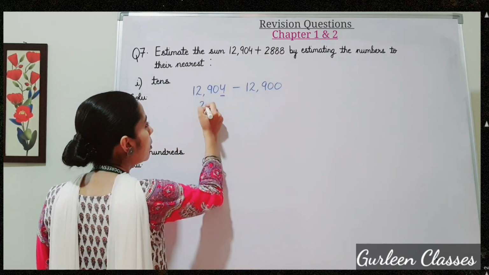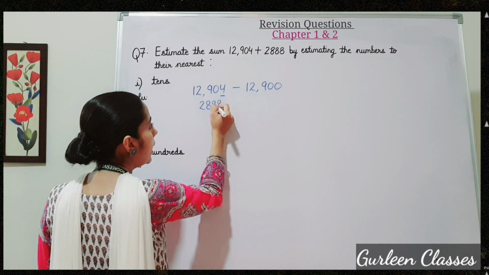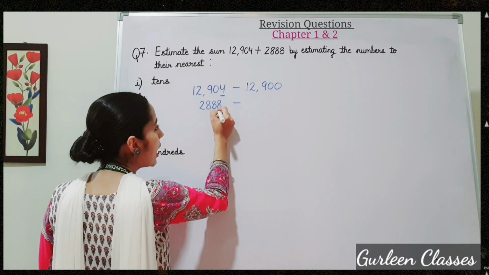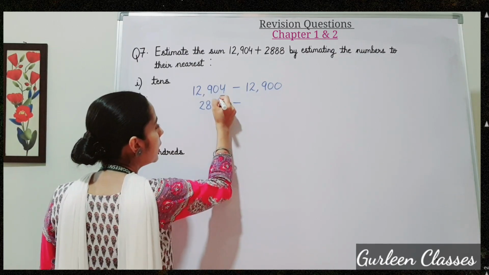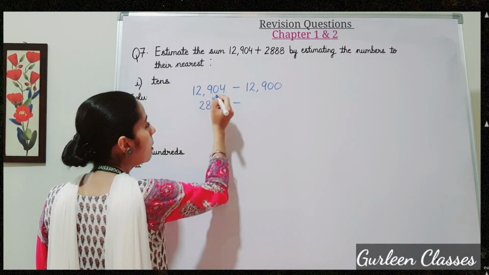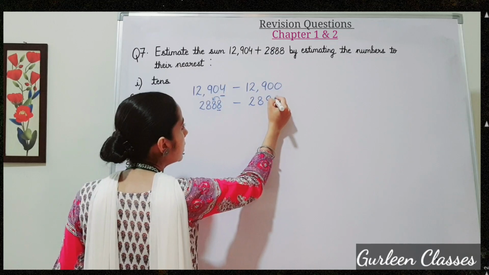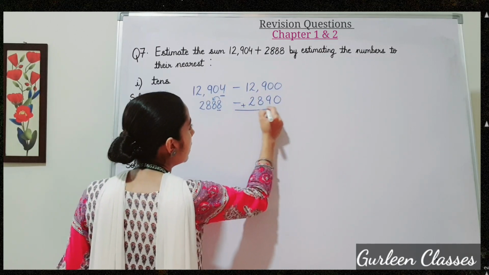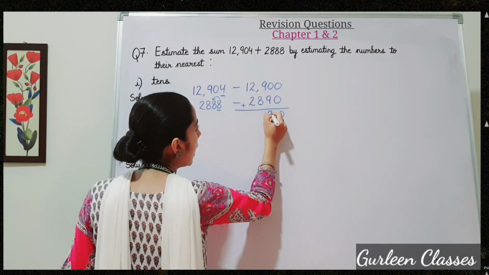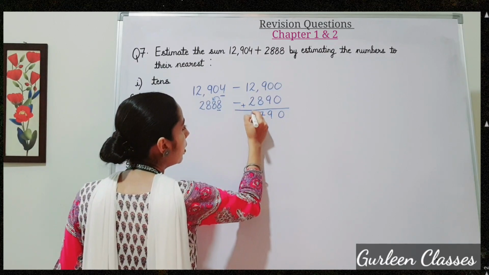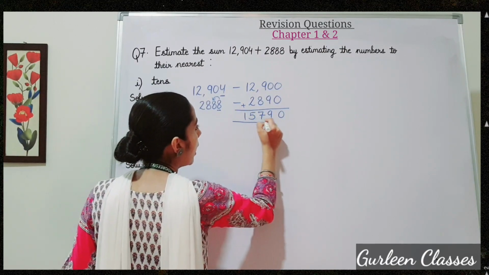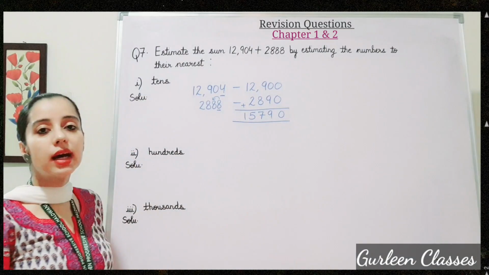Next number we have 2,888. So at ones place we have number more than 5. Just before 10th digit will be plus 1. So answer will be 2890. So just add, it will be 0, 9, 17, 5 and 1. Answer is 15,790.